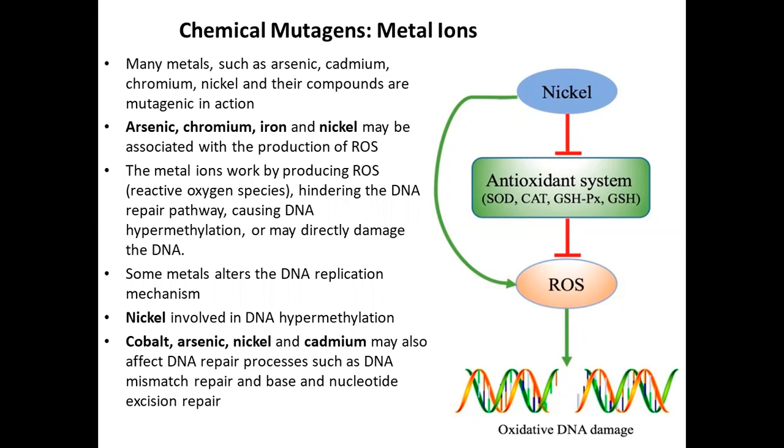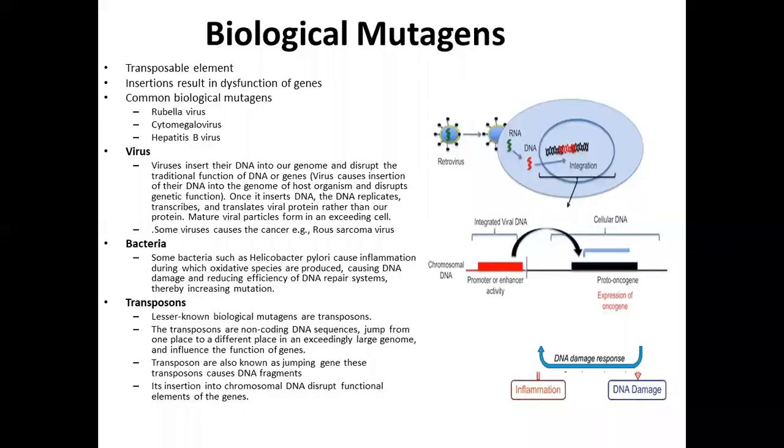These can affect the repair process of DNA, such as mismatch repair, base excision repair, and nucleotide excision repair. So we have chemical mutagens, which are metal ions, causing mutations.